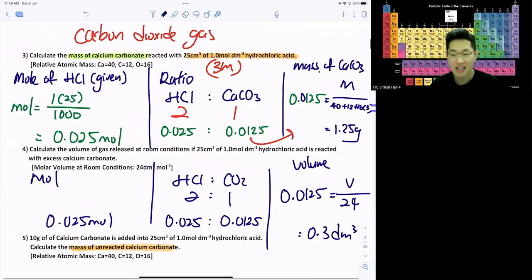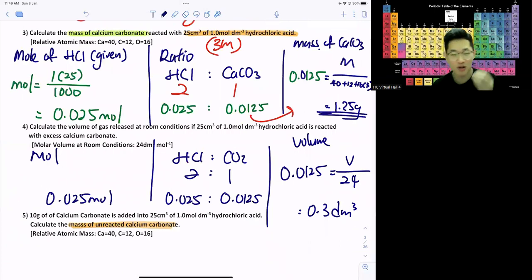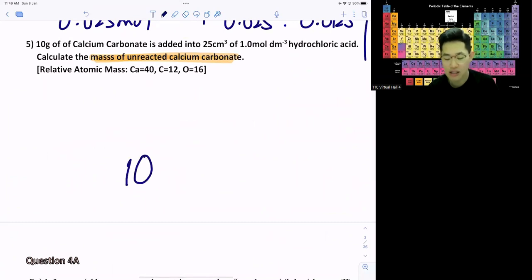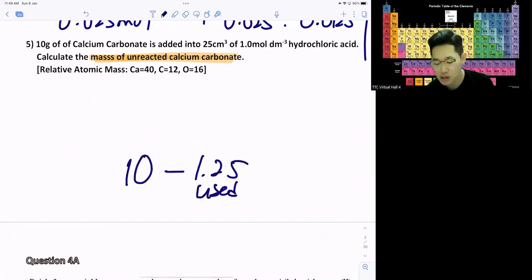Sorry. So the mass that we found here is the mass of calcium carbonate used. 就是会用到的，会产生反应的是 1.25. So after you do all the steps above, you have to use 10 grams minus the 1.25 grams that is used.